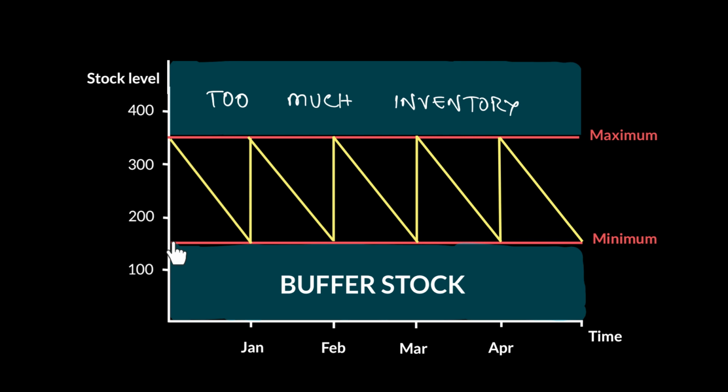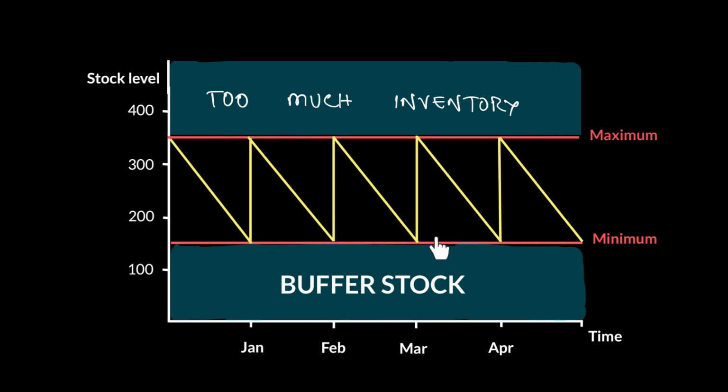Look, we're not going to keep anything less than 150, and we're going to vary between this line. So as you continue to produce and sell over the month, as soon as you hit the minimum level, make sure you order, and you order in time so that your inventory is back up to the level that you want to maintain to continue producing for the rest of the month.